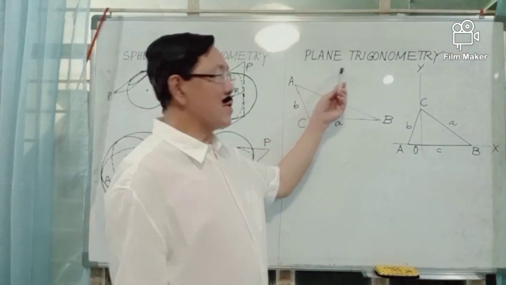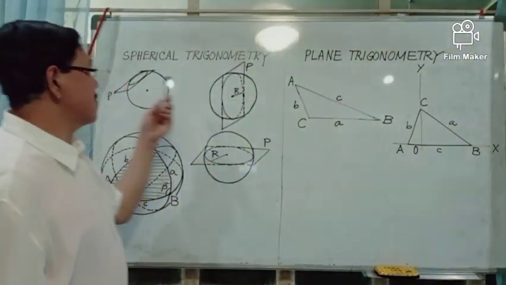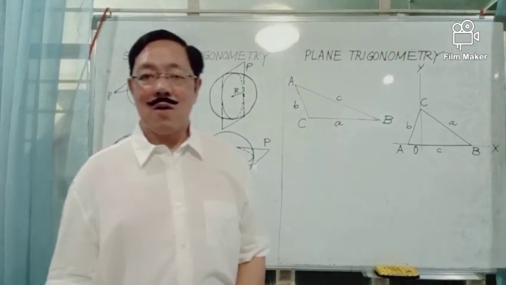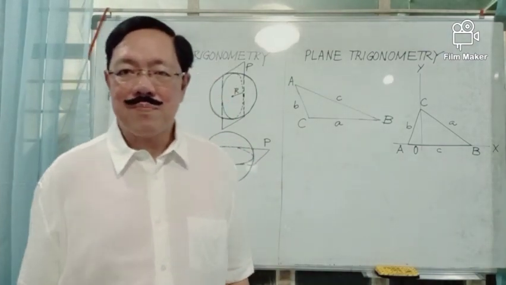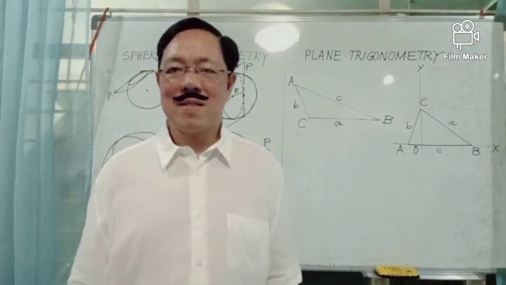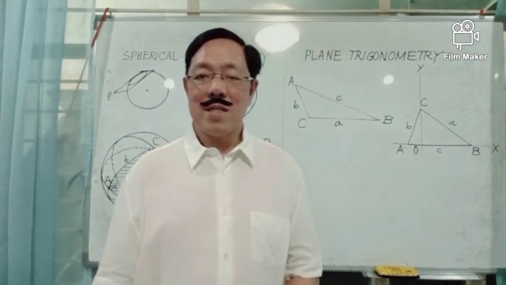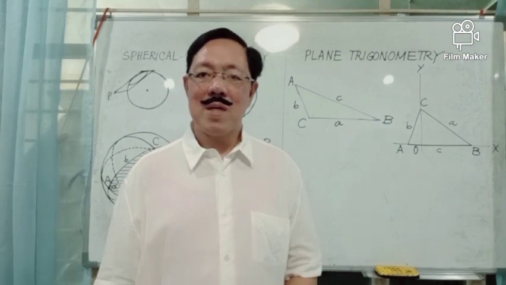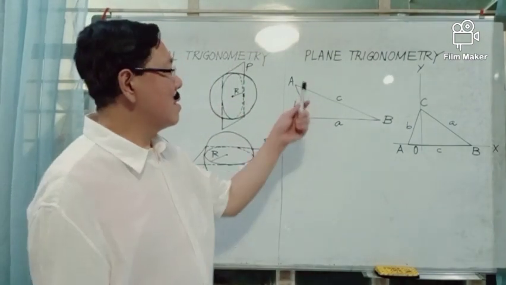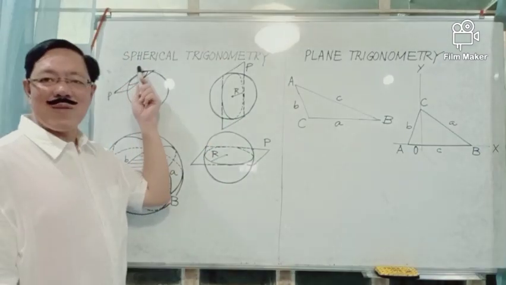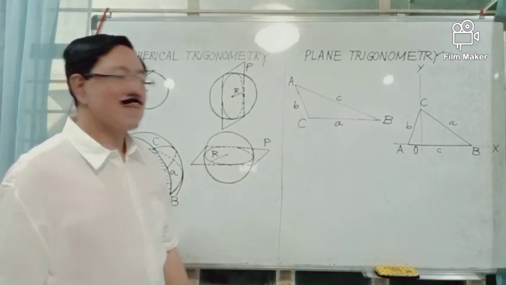Both plane trigonometry and spherical trigonometry are concerned with the study and measurement of triangles. But what are the differences and similarities between plane trigonometry and spherical trigonometry?